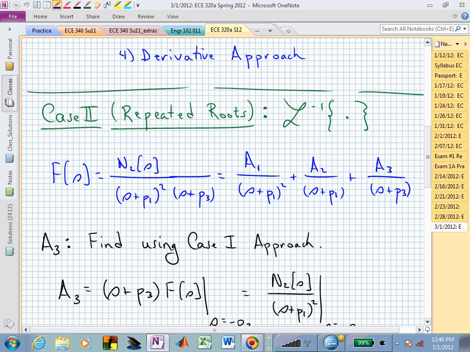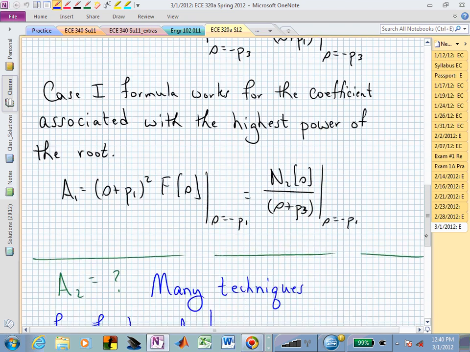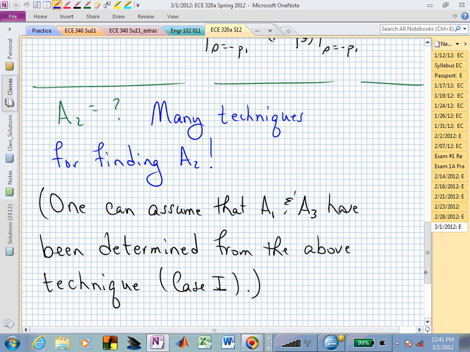We need to do something else in order to solve for this coefficient a sub 2. And I'm going to just state that there are many ways of finding that coefficient a sub 2. And at this point, we can assume that we've already found a1 and a3 using what we've just done, the previous case 1 applied to a1 and a sub 3.